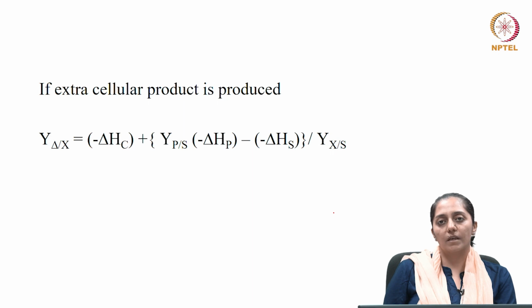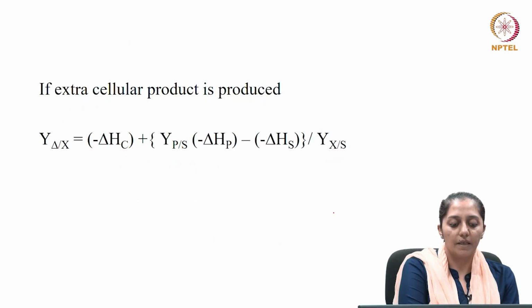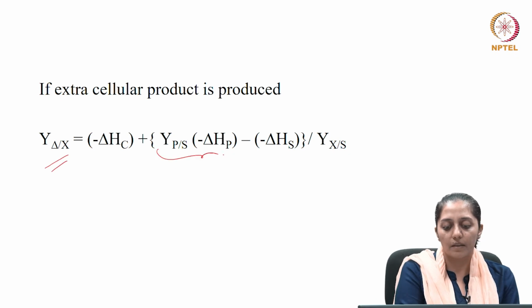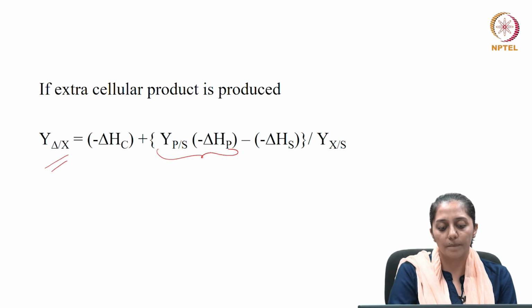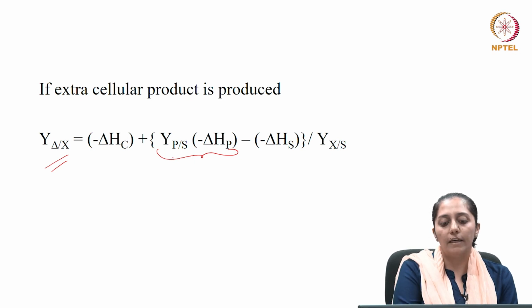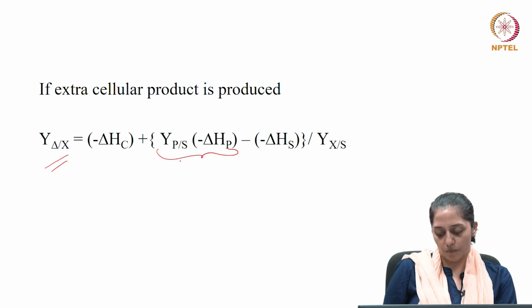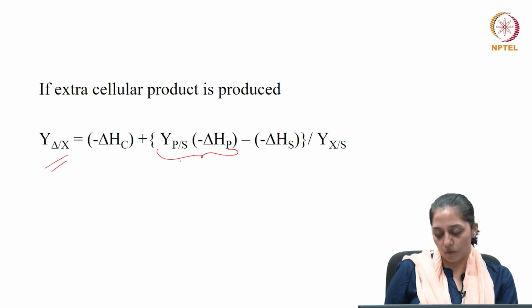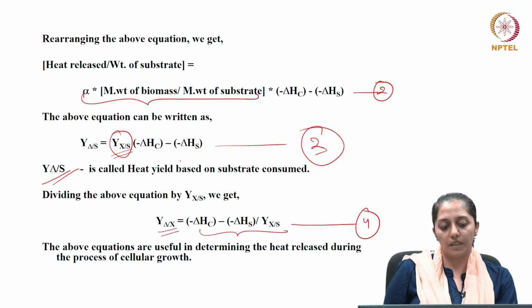Now, suppose there is an extracellular product also getting formed, then the previous equation, equation 4, can be rewritten having the product yield also. The heat released per unit biomass will also have the heat of combustion of the product multiplied by the yield of product per unit substrate consumed, and this will be the total amount of the product produced divided by the amount of substrate consumed, as we did earlier in equation 2 to get equation 3 here.